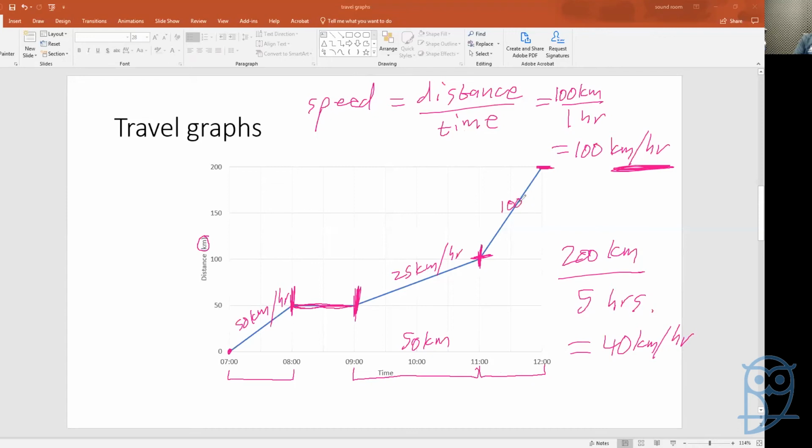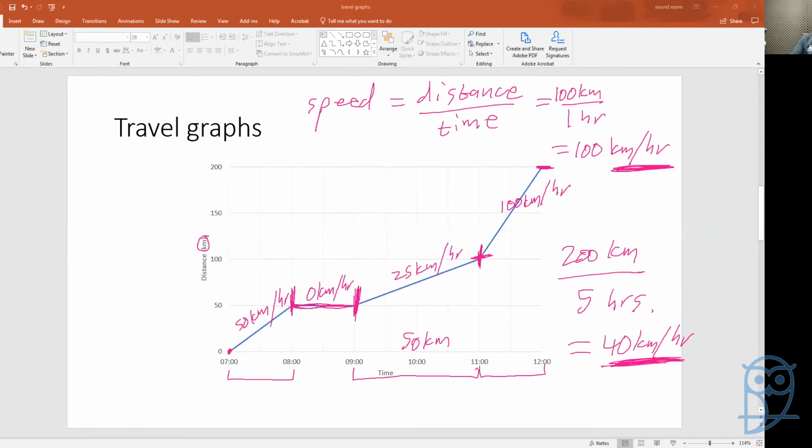And this one was 100. So when averaging these, taking into account how many hours they were for, and this one over here was also a 0, we end up with an actual average of 40 k's an hour. So that's quite interesting.